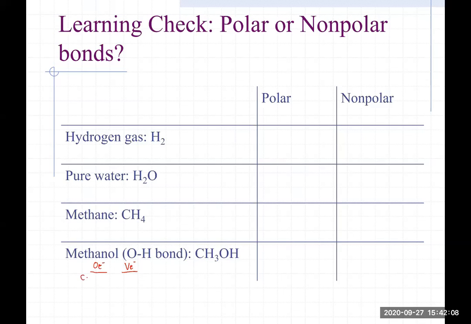The octet of carbon is, of course, 8. The octet of oxygen is also 8. We have 4 hydrogens, and the octet for hydrogen is 2, so we have 8 altogether. That is 3 times 8, giving us 24. The valence for carbon is 4, the valence for oxygen is 6, and the valence for hydrogen is 1, and we have 4 hydrogens, so that is a total of 14.